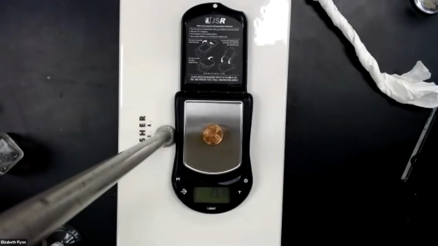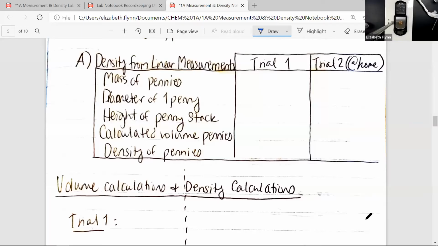The mass of my 10 pennies is 26.30 grams. And so let's write that here. 26.30 grams.